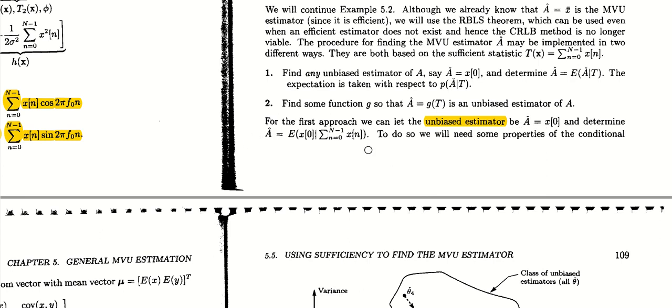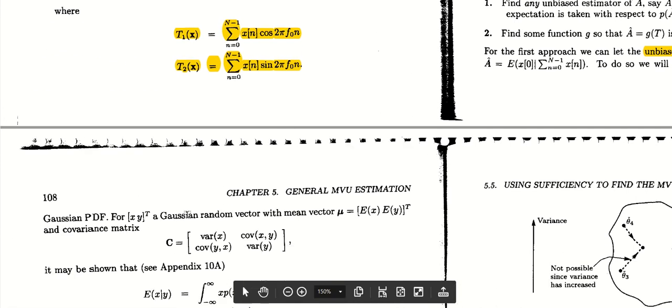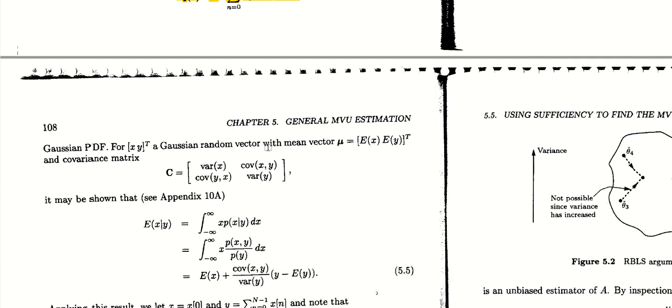To do so, we will need some properties of the conditional Gaussian PDF. For a Gaussian random vector with mean vector this and covariance matrix this, this is a typical formulation for a Gaussian random vector.